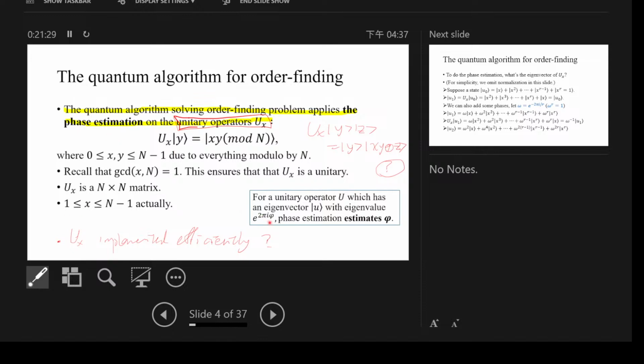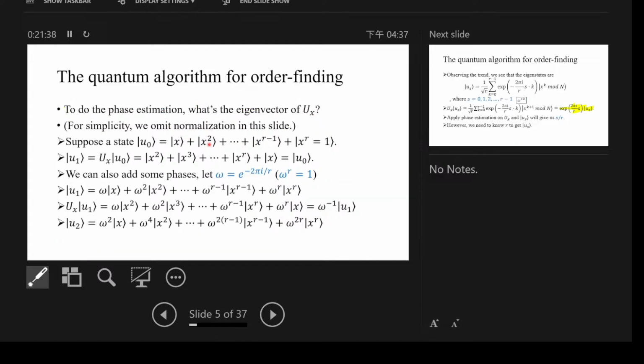So let's ask what the eigenvalues of U_x are. There are many eigenvalues of U_x, but the particular eigenvalues we care about are for states that look like this.